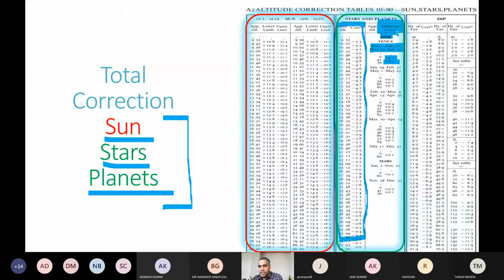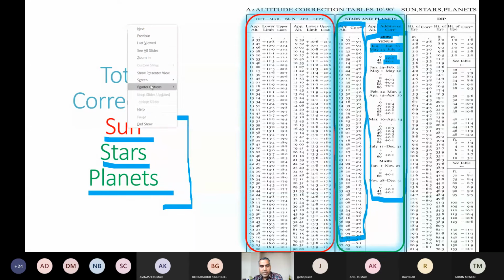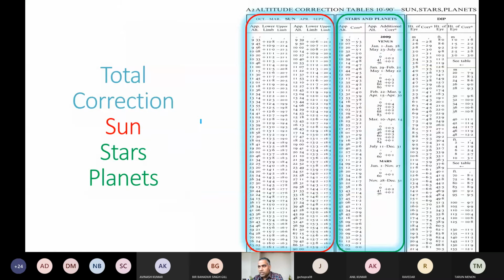Okay. So as I told you, this additional correction table will differ from year to year. The one which I am showing you is 2009. The one which we use in the MMD is the 1992 almanac.